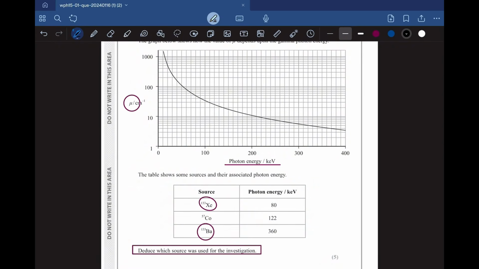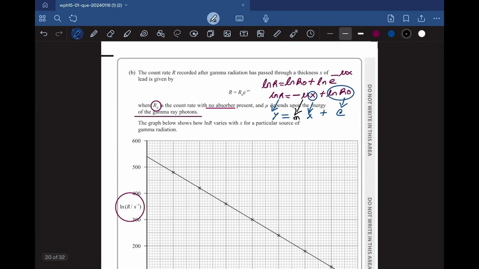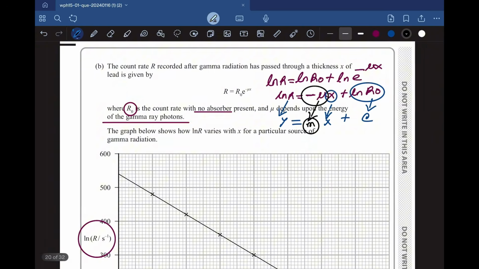Whether this source or this source, to figure out which source it was, we will have to figure out the photon energy, and after that we can figure out the name of the source. And we know there is a graph of mu against photon energy. So to get the photon energy we'll have to figure out the corresponding mu value, and we can get the mu value by figuring out the gradient from this ln r against x graph.